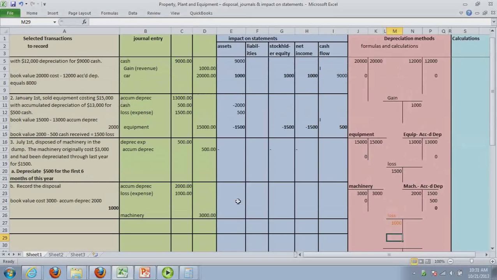The loss reduces the asset side of it. The loss reduces retained earnings and stockholders' equity. The loss reduces profit. And this time there is no cash. This is one of the few times where there's no cash flow from a disposal. So that concludes our disposal example.